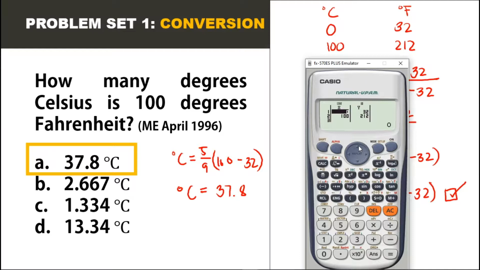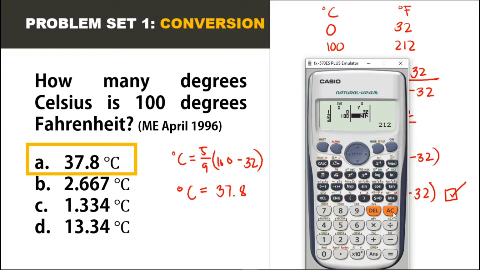using the calculator technique. Since we have input the values, we have 0 degrees Celsius to 32 degrees Fahrenheit, and 100 degrees Celsius equal to 212 degrees Fahrenheit.